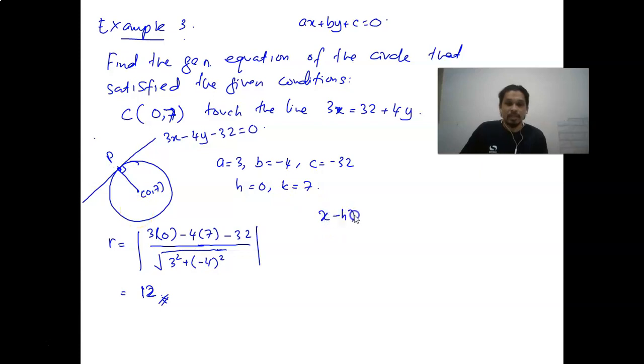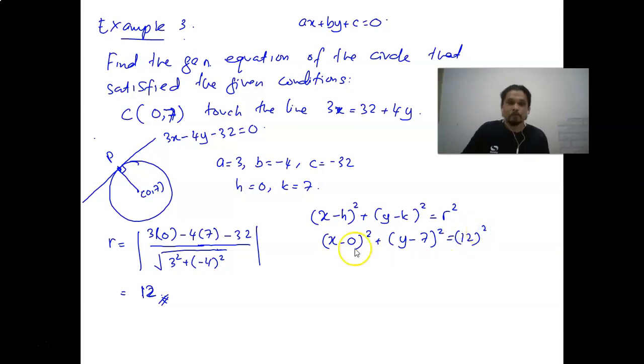And the equation of circle, x minus h square plus y minus k square equal to r square, where h equal to 0, x minus 0 square plus y minus 7 square equal to 12 square.